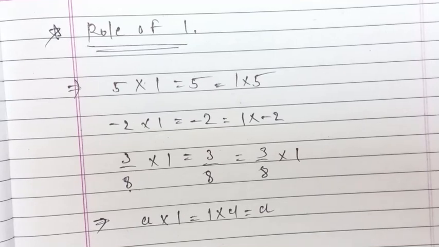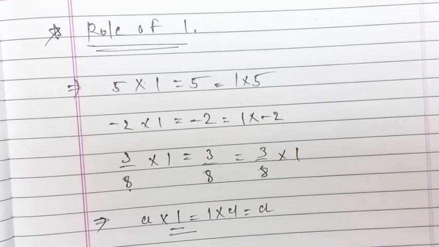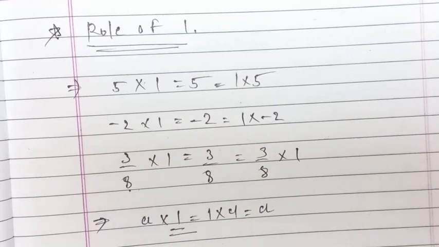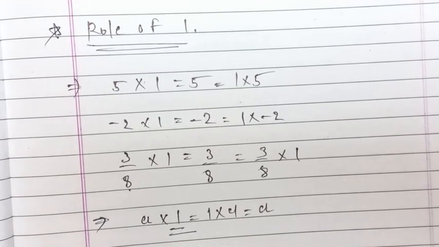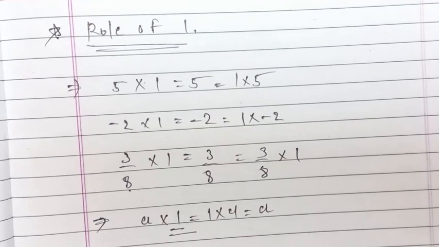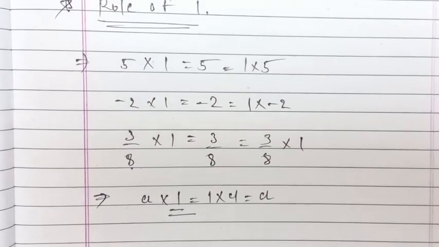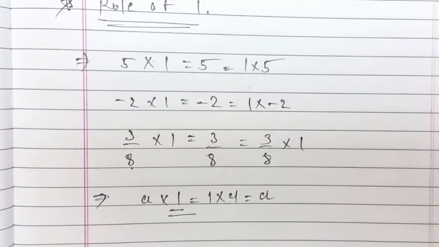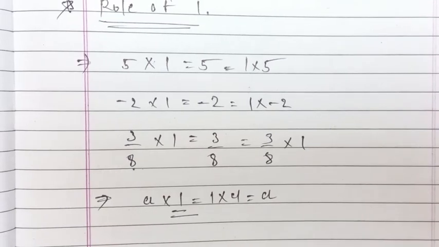So we say that 1 is the multiplicative identity for rational numbers. 0 is the additive identity because 0 is the identity element of addition. And 1 is the identity element of multiplication, so 1 is the multiplicative identity.